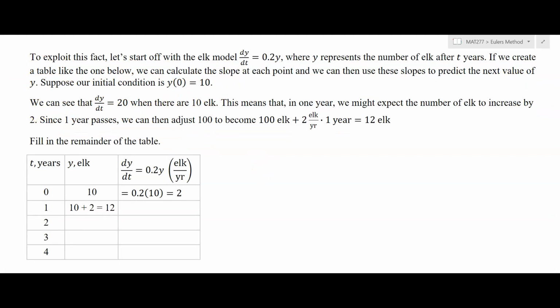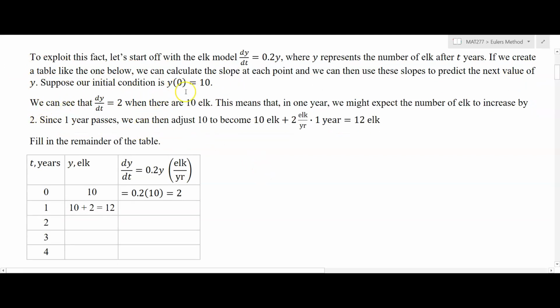So we can see that if we have 10 elk, the rate of change of elk per year is going to be 2. And in this table down here we can see that more clearly. In our first row, we're recording that at time 0 there were 10 elk. That's a given.